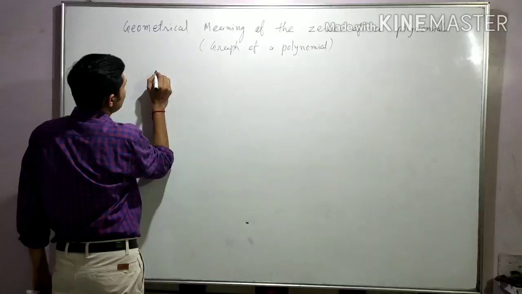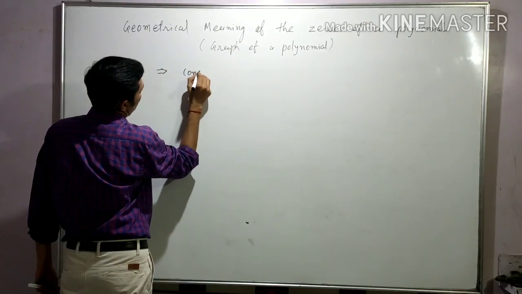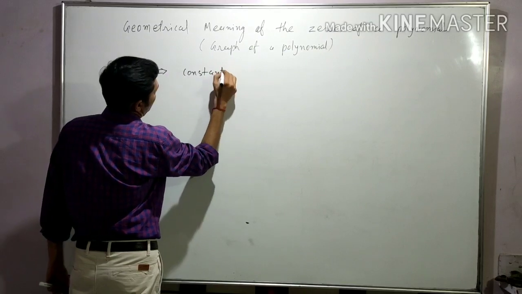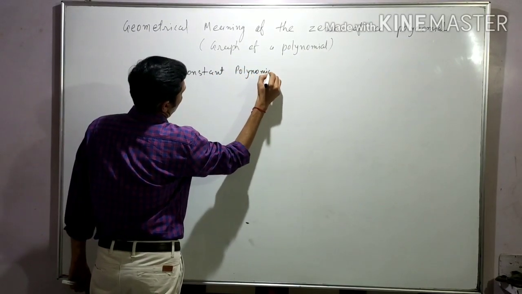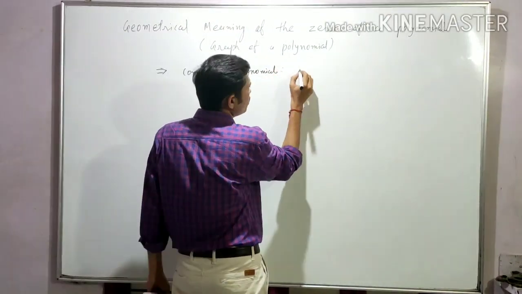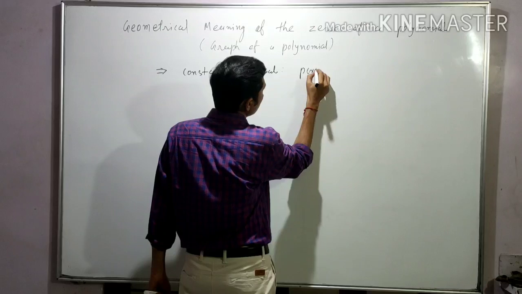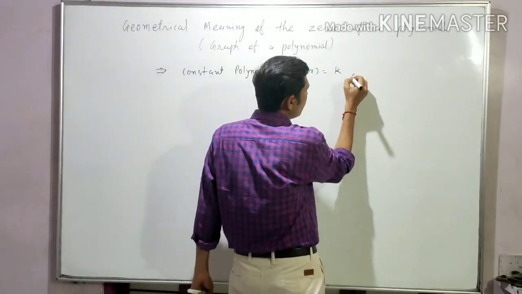Okay, so now the general form we can say p of x is equal to, suppose I am taking k, where k is what?